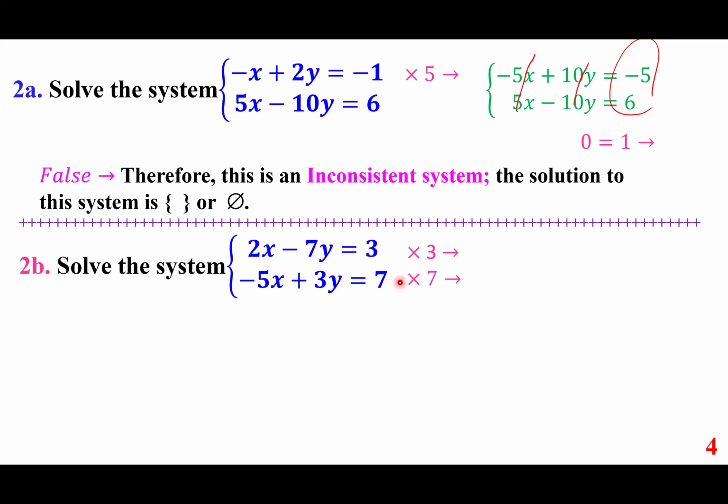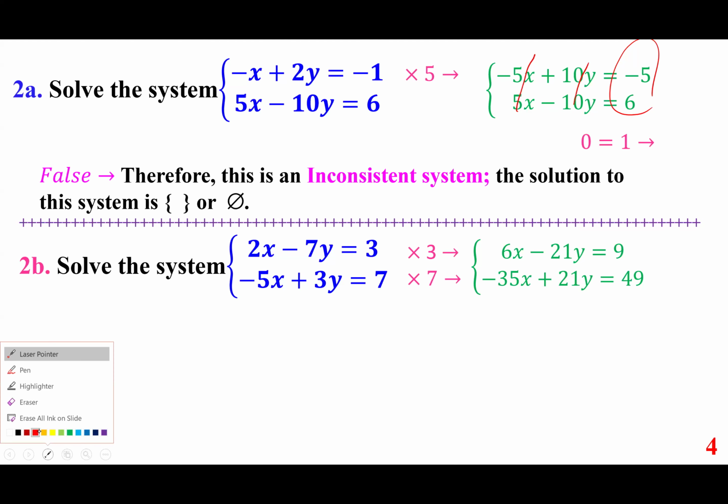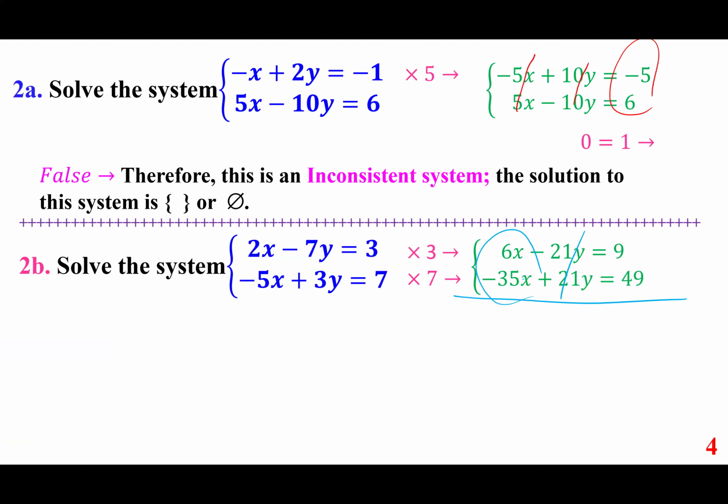Remember, when both sides are multiplied by any number other than 0, you keep the same type of equation. So minus 35x plus 21y equals 49. So now the coefficients of y are opposites. So if we add them up, these two cancel each other. These two add up to negative 29x.